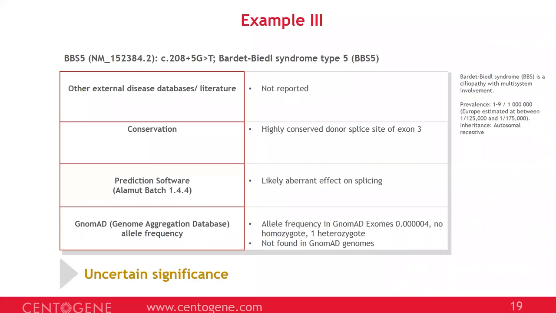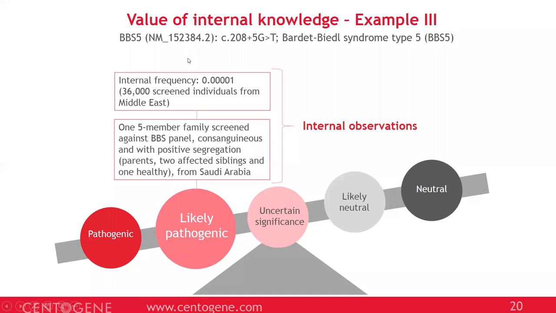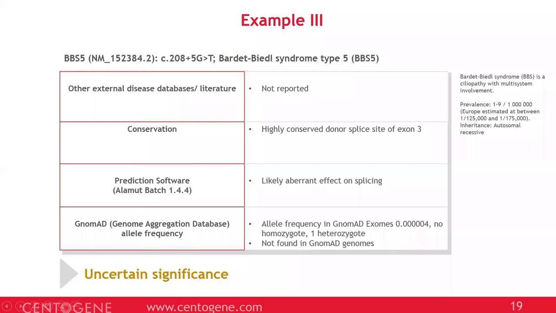No clear pathogenic variant was identified, and the only candidate we had was this intronic variant, which is located at the +5 position. The prediction tool provided a hint that splicing may be impacted.